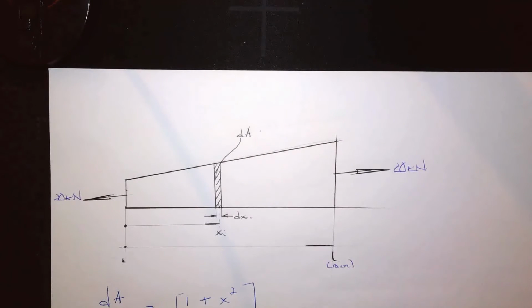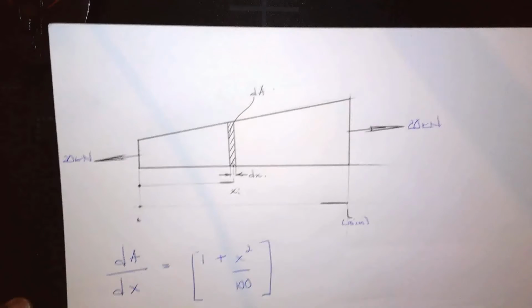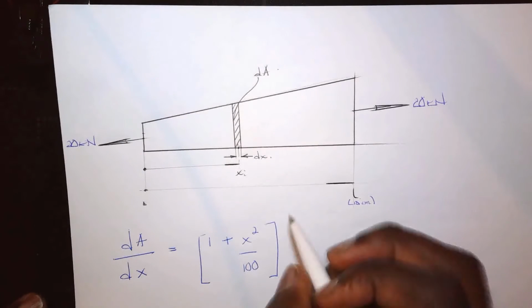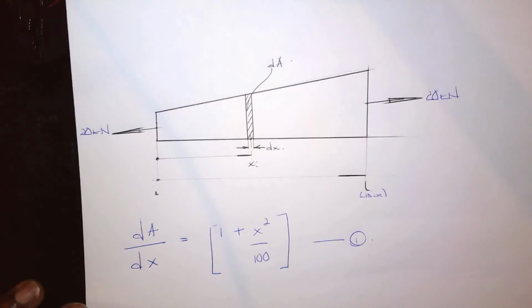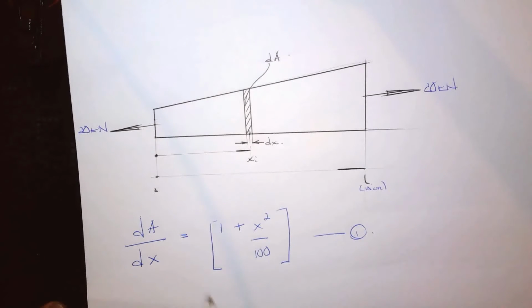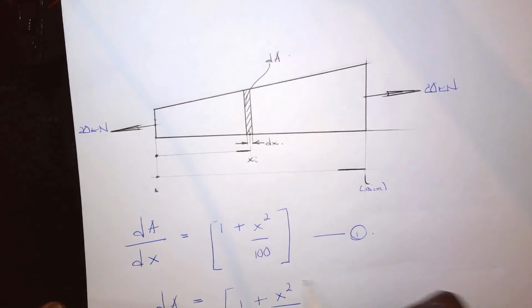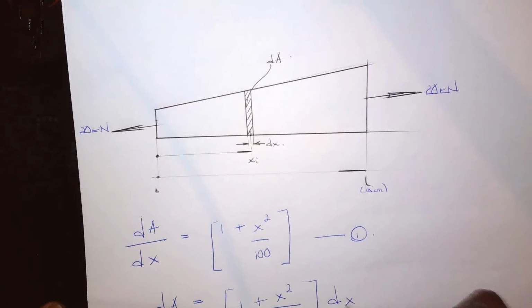So this is the assumption that we're making. We're going to call that equation 1. Thus, any small change in area will be equal to (1 + x squared over 100) dx.